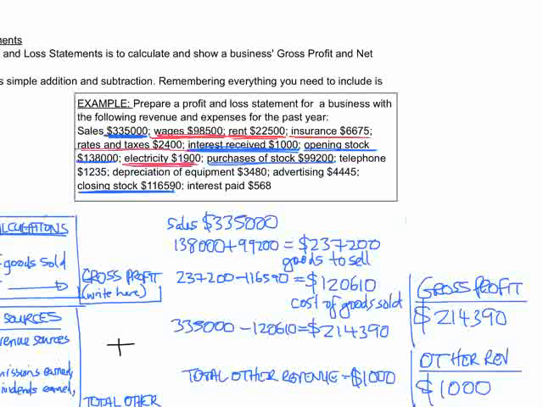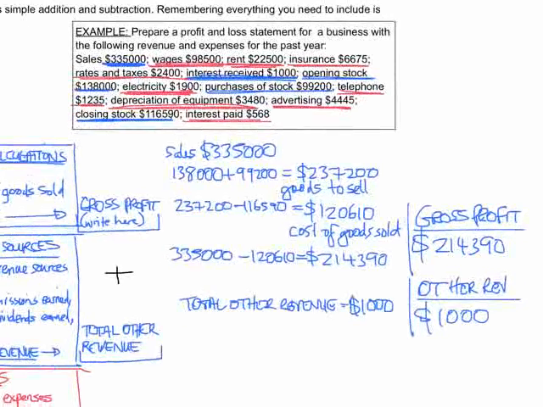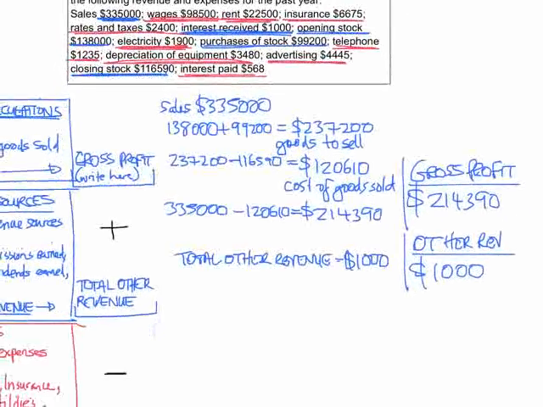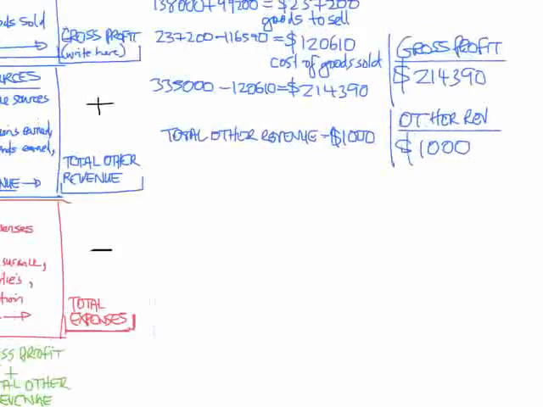Electricity, that's a utility, that's an expense. Telephone connection, that's an expense. Their depreciation of equipment, like before, that was the first expense that we talked about, so it must be an expense. Advertising of 4445. And interest paid. So they earned some interest, but they also paid some interest. So they must have been paying interest on a loan or something.